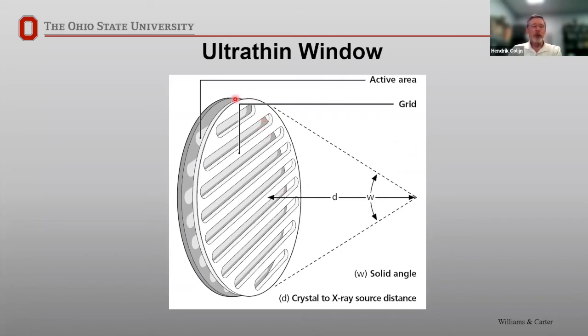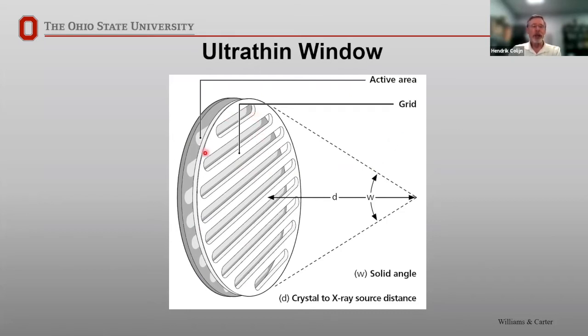So the ultra-thin windows could be made of, well, the older windows were made of beryllium. Then they went to the ultra thin windows, which were made of a parylene film, a polymer film, with an aluminum coating to act as a light barrier. But they would have to be mounted on a frame to make them mechanically strong enough to resist the air pressure difference across the window whenever a chamber was vented.